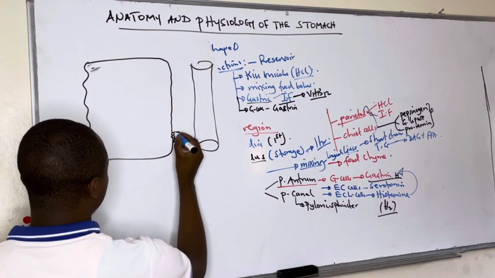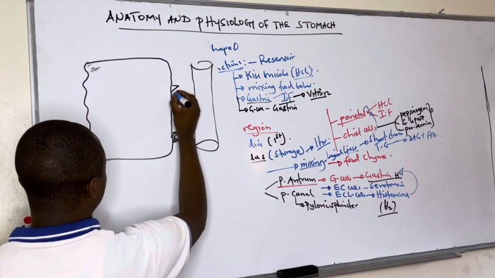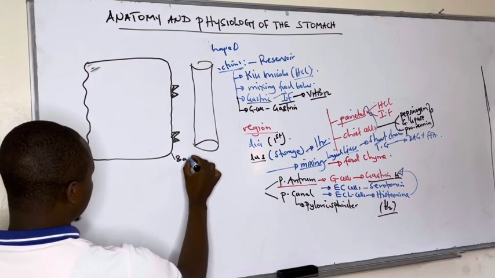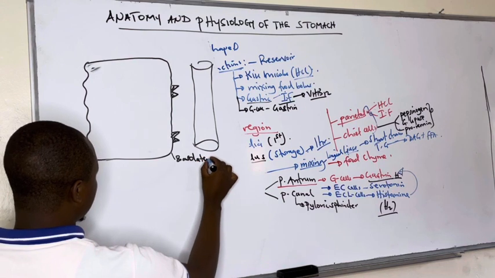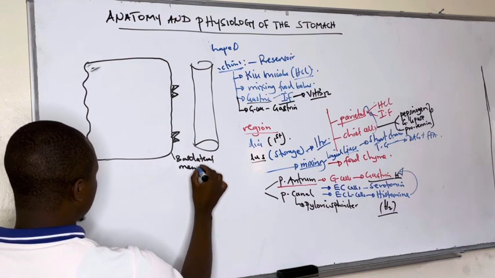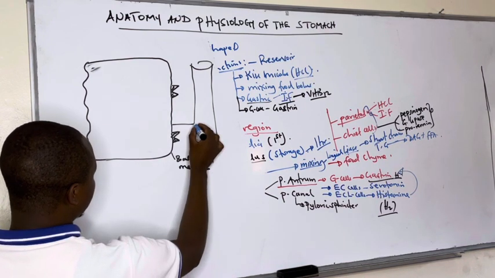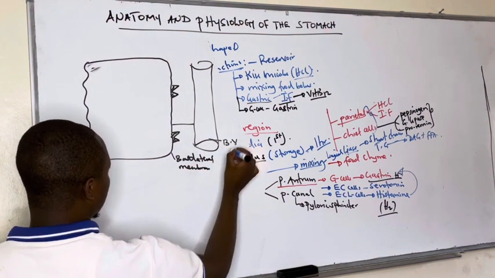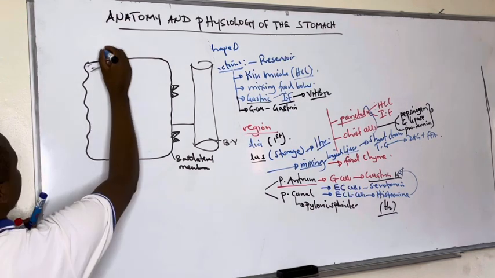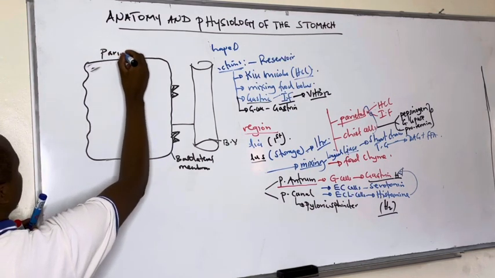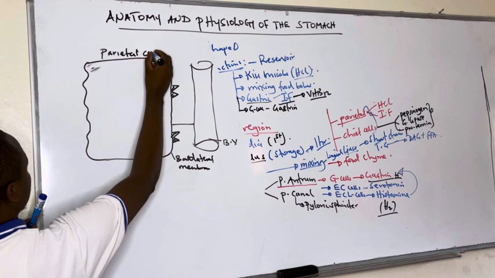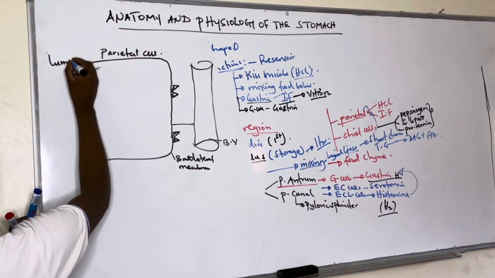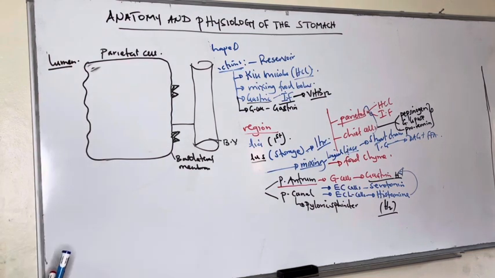And this is the basolateral membrane, whereby the whole space is the interstitium. This is the blood vessel, and then this is the parietal cell. And this side is the lumen of the stomach.